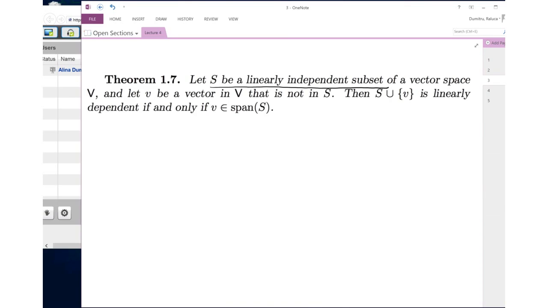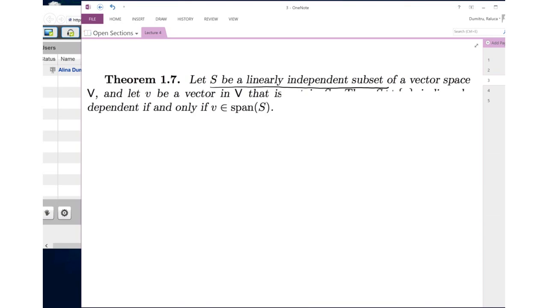Why would I want to do that? Because of the idea of a basis that I already mentioned before. It turns out that in order to get a basis of a vector space, it's always enough to start with an independent set and expand it as much as possible, or start with a generating set and shrink it to a basis. So we're heading in that direction now.